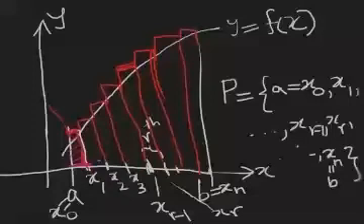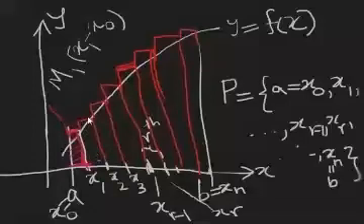I write in white, otherwise you can't see this. Capital M, which denotes the maximum of f on this interval, times the width of the first sub-interval. Similarly, you can find the area of this rectangle.